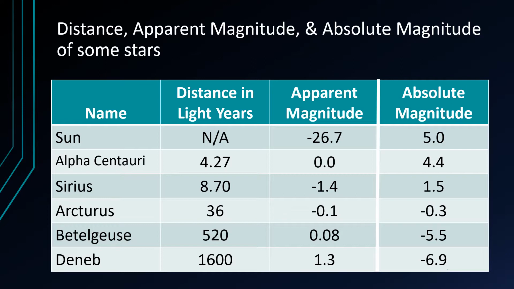But if we were 32 light years away from it, its magnitude would be negative 5.5. And so we can see just how much of a difference this makes. So remember, apparent magnitude is just how we see it from Earth, but that isn't exactly how it's going to look up close.